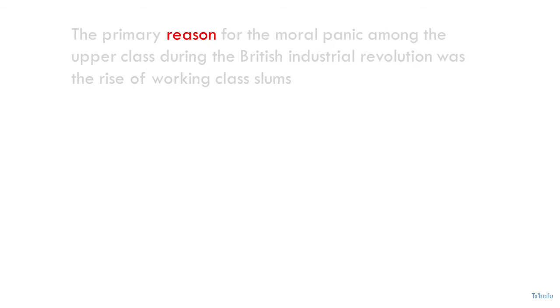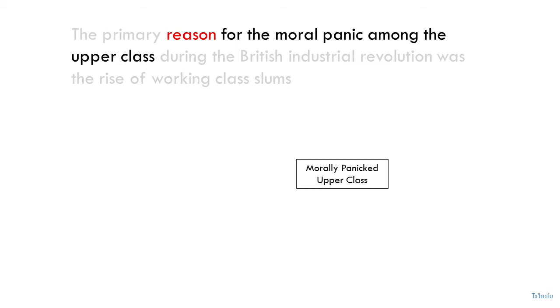Starting with reason, something is the reason for something else. So what is the reason for something? Well, something is the reason for the morally panicked upper class. And so we can now indicate it as an object, just as we did before. Now, what is the reason for the morally panicked upper class? Right here, the rise of the working class slums.